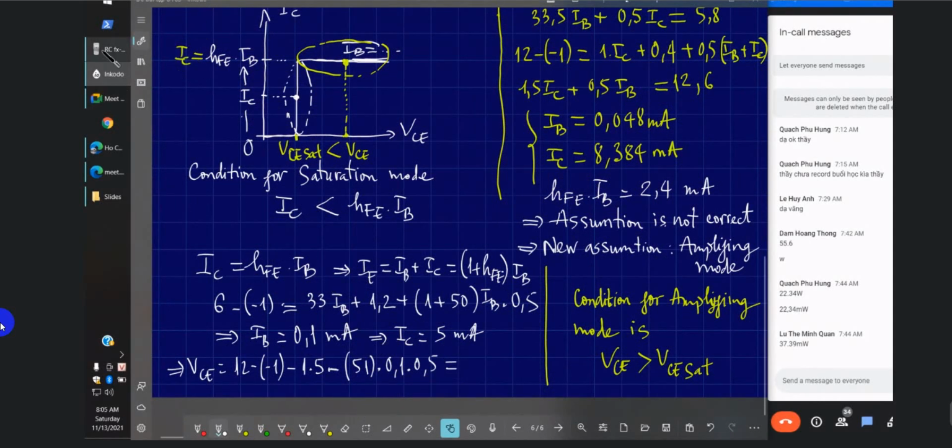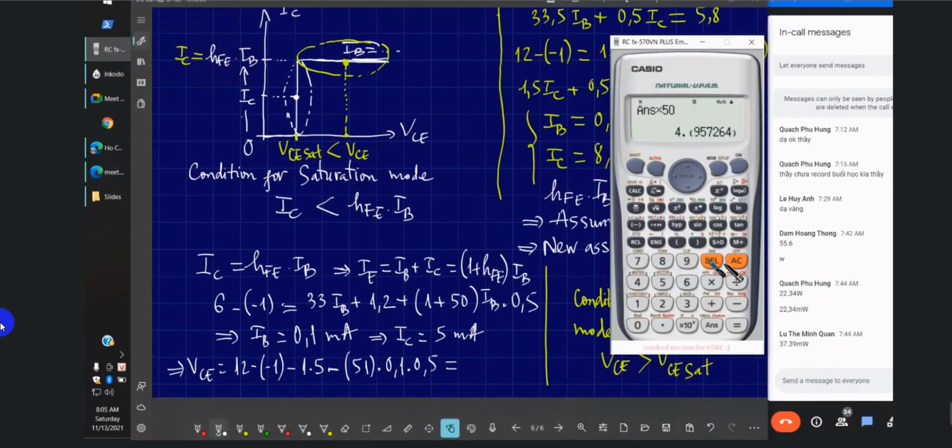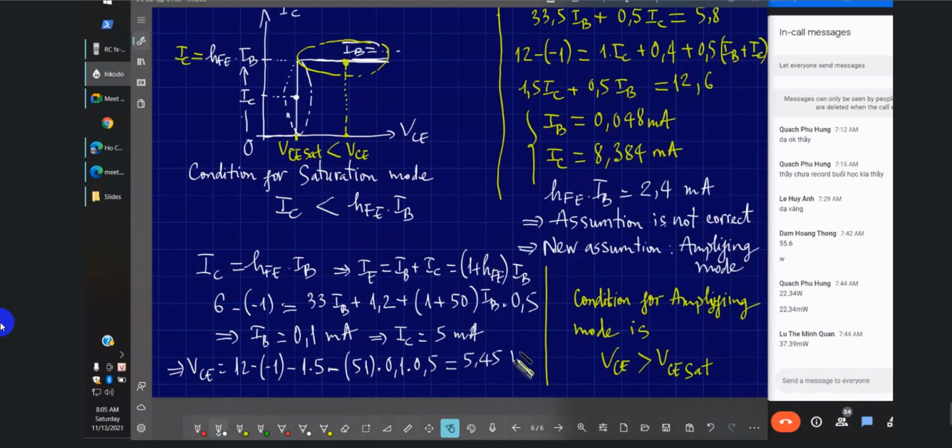Okay, we have to check. In our case, VCE saturation is 0.4. So 12 minus minus 1 means plus 1, and then minus 5, and then minus 51 multiplied with 0.1 multiplied with 0.5, and then we got 5.45 volt.